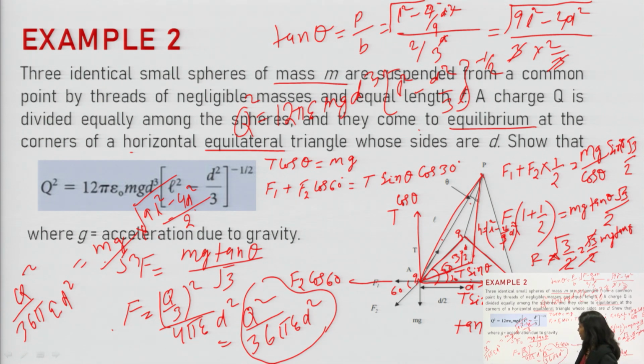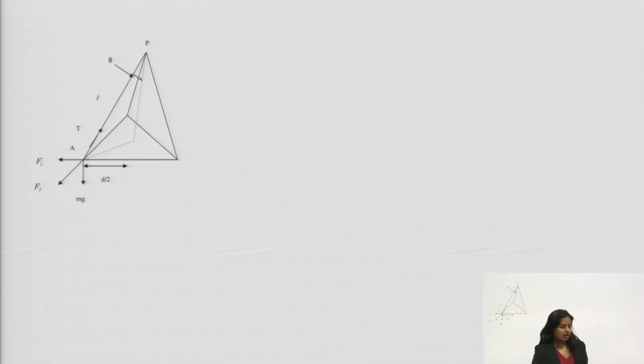So the main concept is important. You need to be able to draw the diagram after reading these problems, then only will you be able to simplify this and equate all the equations.